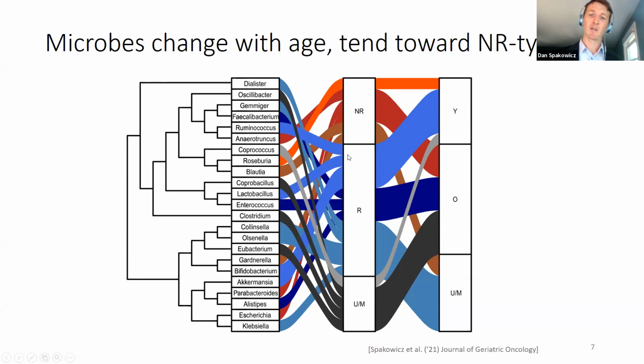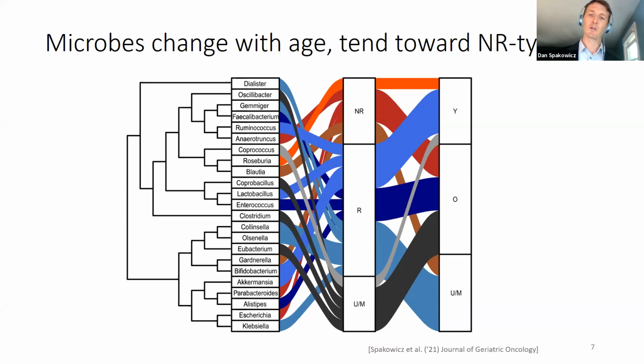And what you'll see, although it's not totally clear here, is that several of these that have shown the strongest causal relationships, including Akkermansia, but also Bifidobacterium and also Ruminococcus, are all associated with response, but also with younger adults. And in fact, there's a fairly large contingent of non-responder type microbes that are enriched in older adults, and quite a large number of microbes that are unknown, in part because this is an underrepresented group in the context of clinical trials, as Fabio was mentioning before.